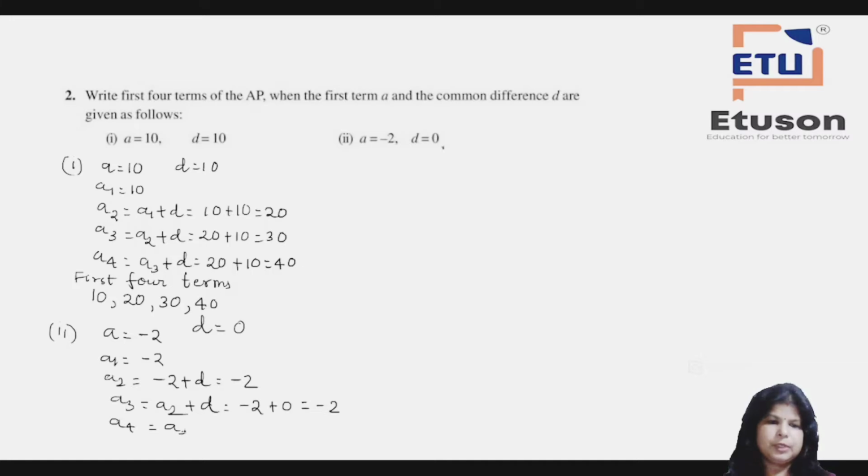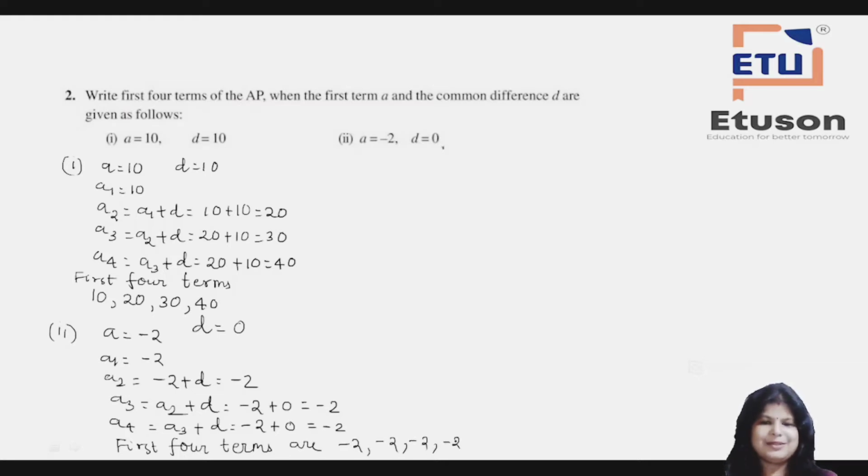That is A3 plus D, that is minus 2 plus 0 and minus 2. So what are the first four terms? So first four terms are minus 2, minus 2, minus 2 and minus 2. Correct? As the common difference is 0, so the number remains unchanged.